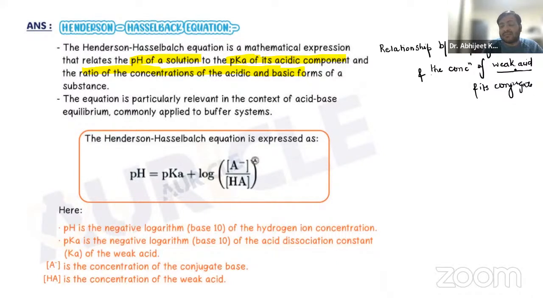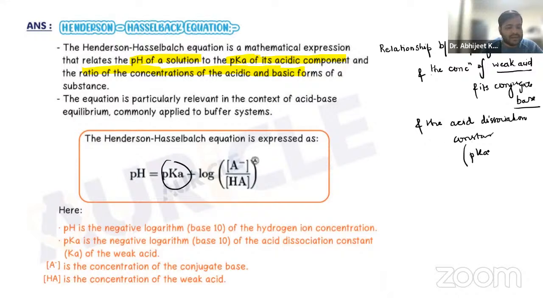We are taking a weak acid, so we have to take the conjugate base. And obviously the acid dissociation constant, which is denoted by pKa.